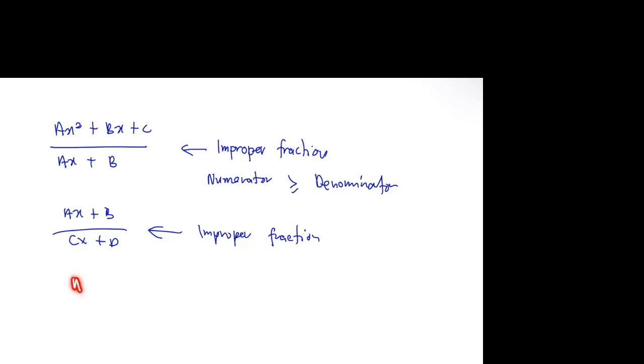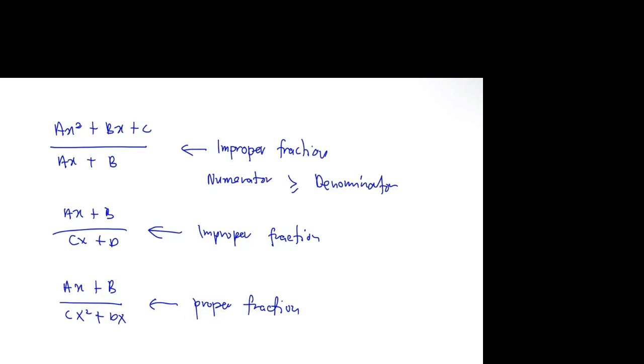For example, ax plus b over cx squared plus dx. Here the power in the numerator is 1 while in the denominator it is 2, so we call this a proper fraction.